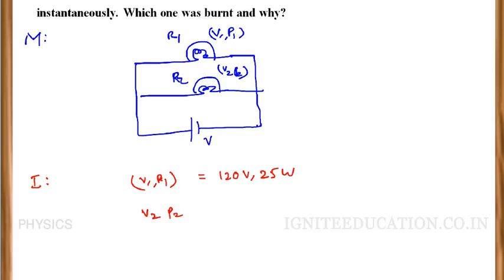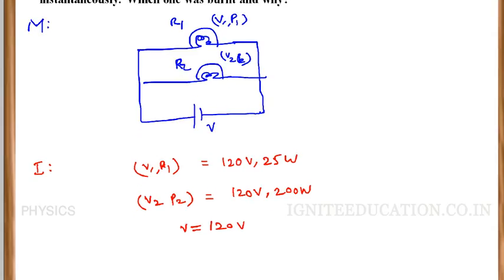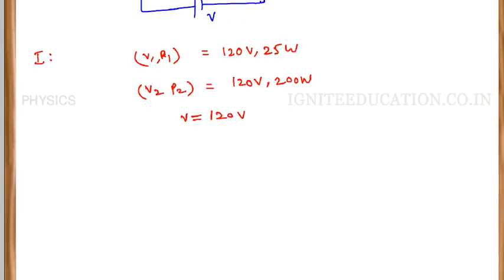V2, P2 is equal to 120 volts and 200 watts. And the potential that you are connecting to these bulbs is 120 volts. So that's the information from the problem, and now I am going to resolve the problem.